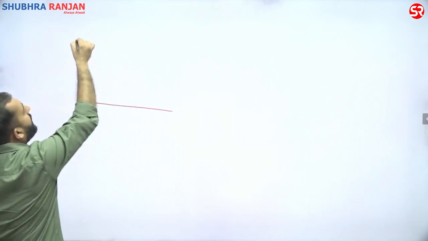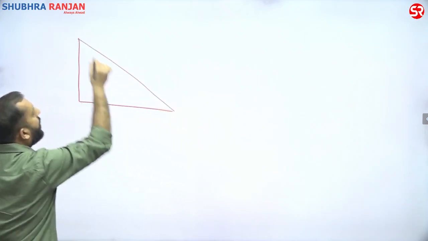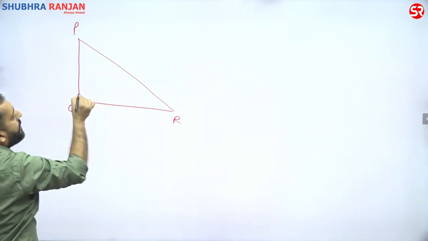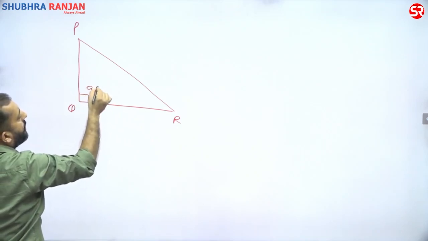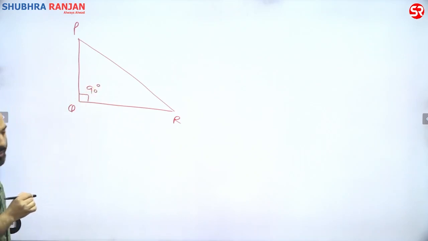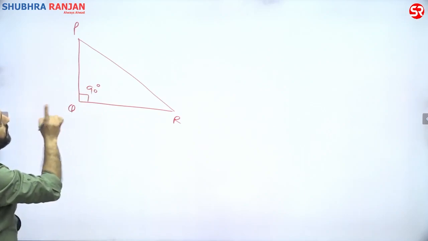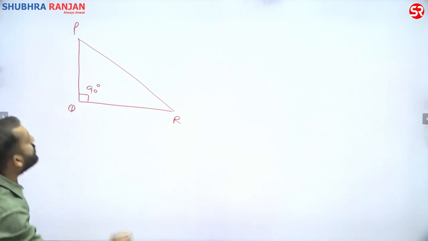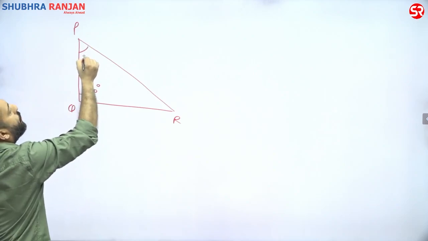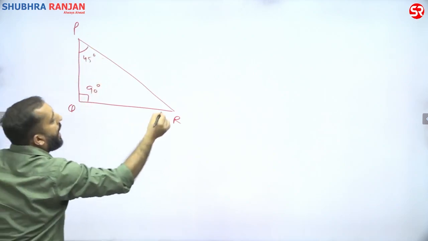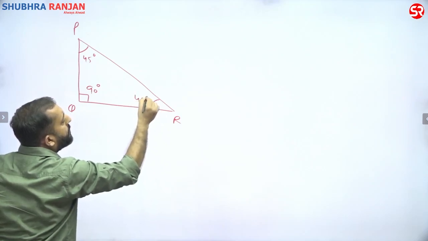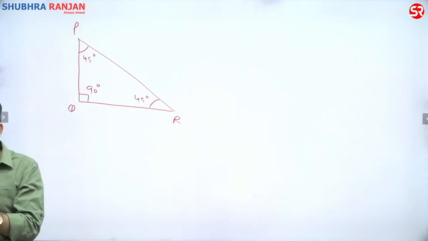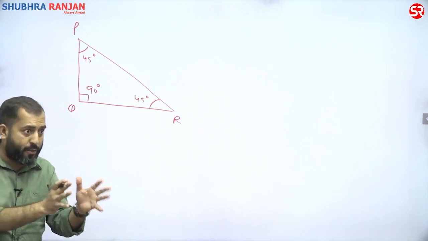This is a right angle triangle. This is P, this is Q, this one is R, and this is angle 90 degrees. Okay. Now, in this case, suppose angle P is 45 degrees and angle R is also 45 degrees, it will become an isosceles triangle.